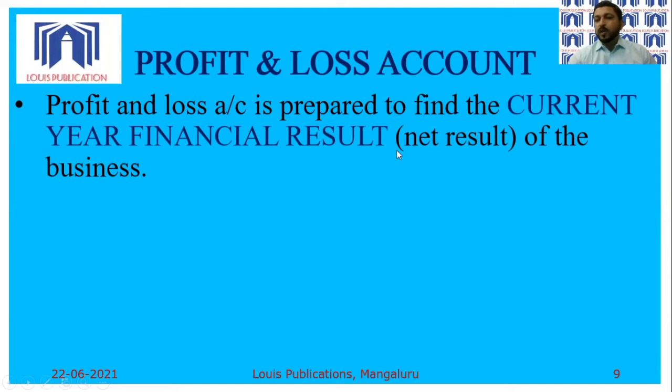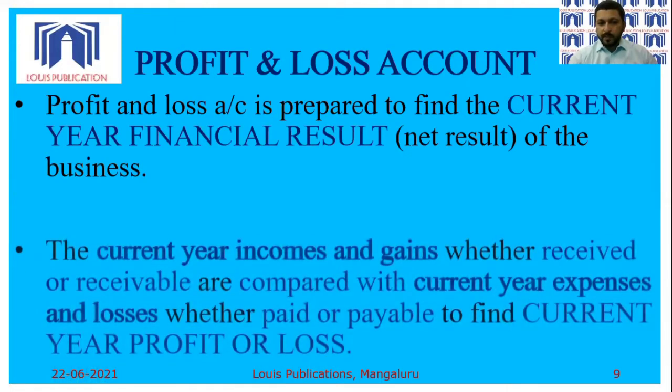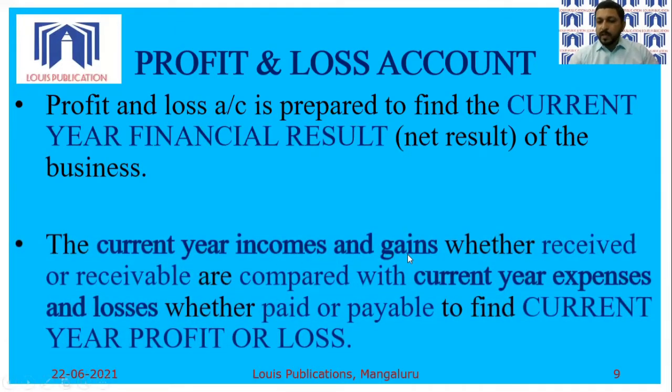Only when you exclude the last year's and the next year's items can we find exactly the current year financial result. Remember this. So current year incomes and gains, whether received or receivable, are compared with the current year expenses and losses, whether paid or payable. And that will give us the current year profit or loss.